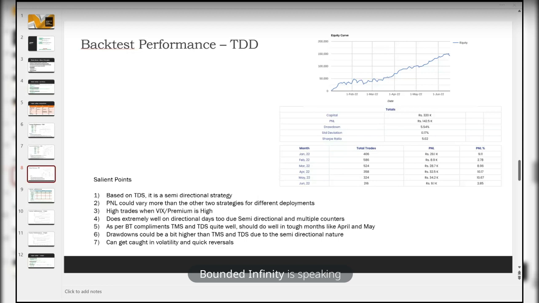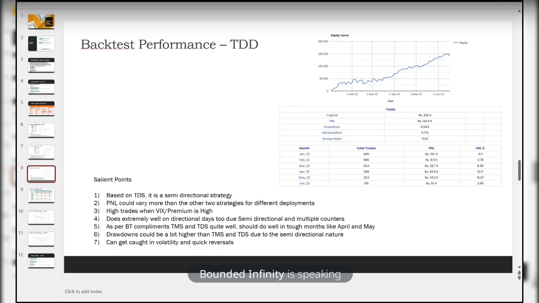So it's sacrificing a couple more percentage points of drawdown to get slightly more ROI. It's very simple: in the case of TDD, you are accepting slightly more drawdown and getting slightly more ROI.